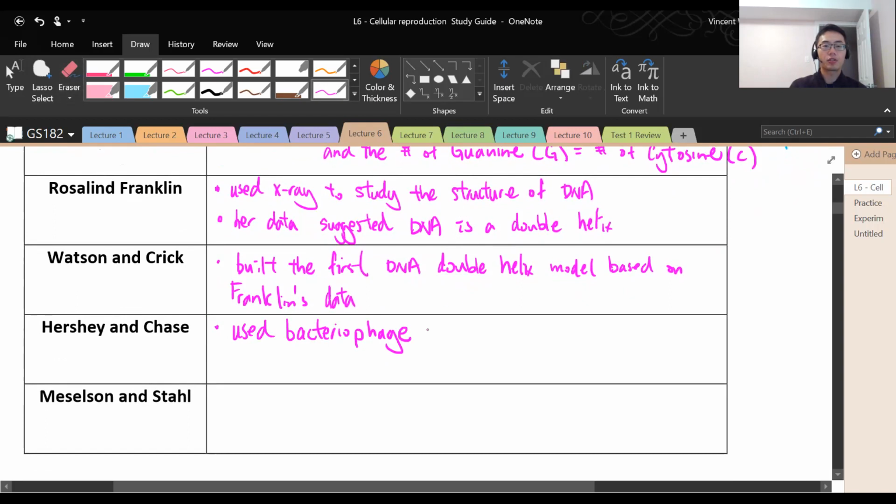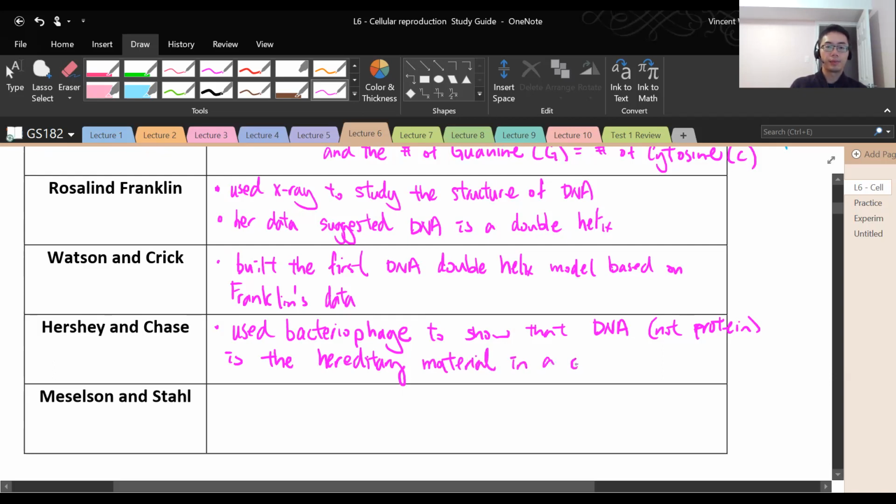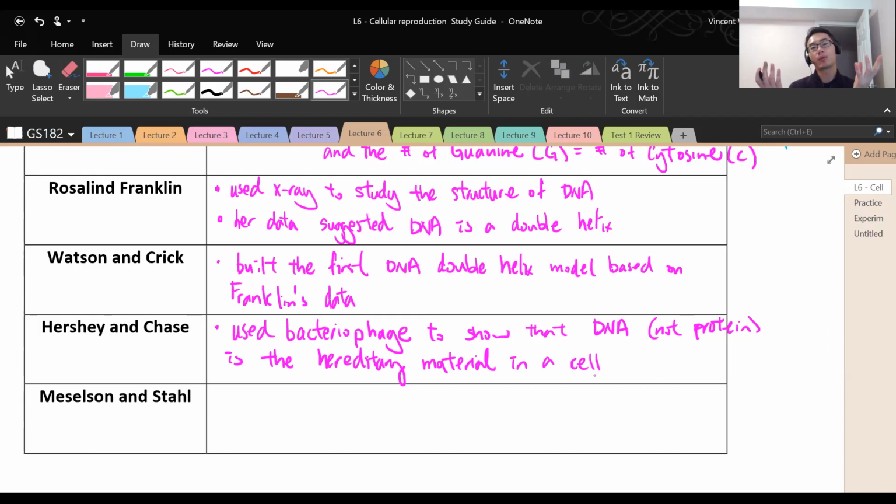They used bacteriophage to show that DNA rather than protein is the hereditary material in a cell. There was this debate at the time of whether DNA or protein was responsible for passing on genetic material.